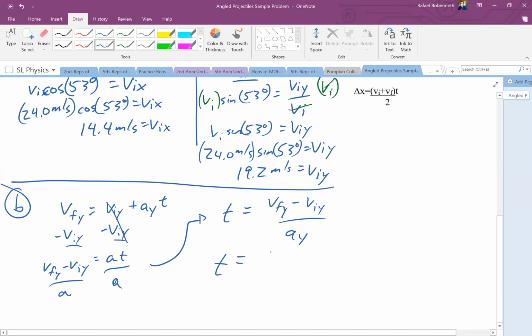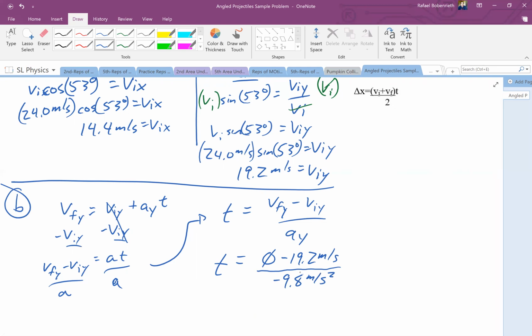We said the final velocity vertically was 0. The initial velocity vertically is 19.2 meters per second. I want to urge you, one thing I see students do very often is confuse these. They might incorrectly put 14.4 meters per second in here. So it's always a good idea to double check and think it through before you just grab a number. And the acceleration is negative 9.8 meters per second squared, negative 9.80 to be exact.